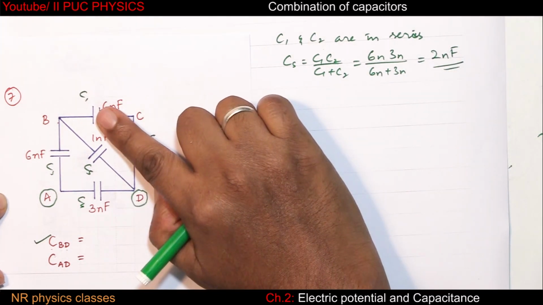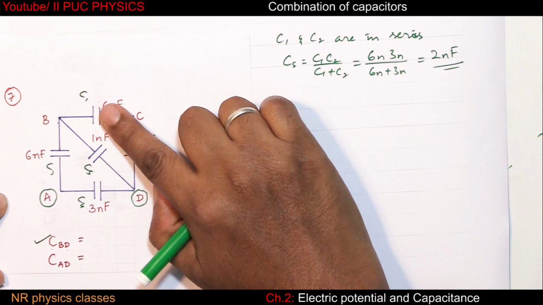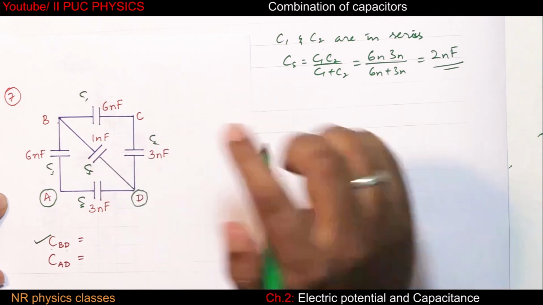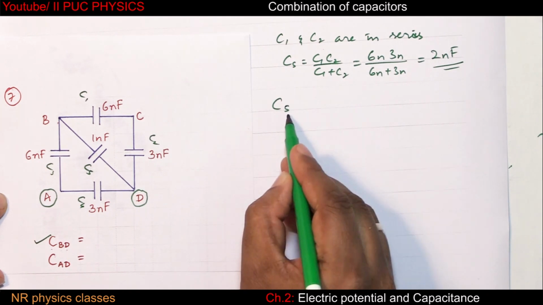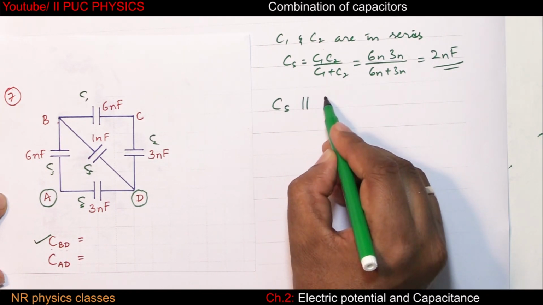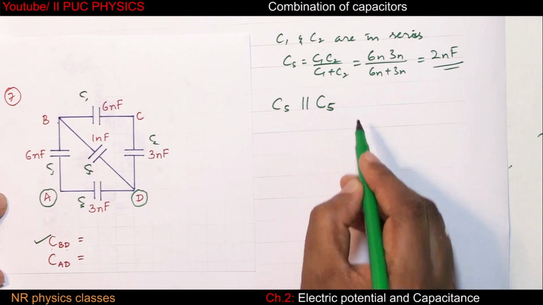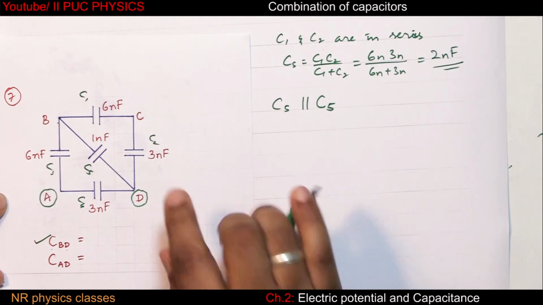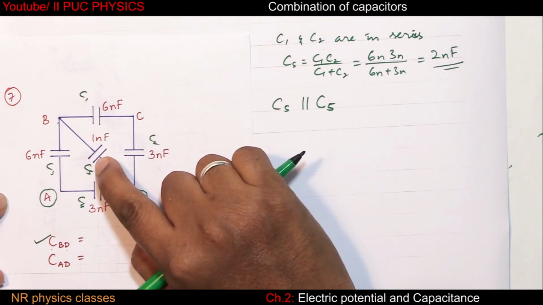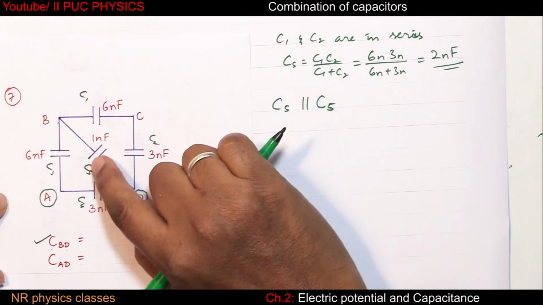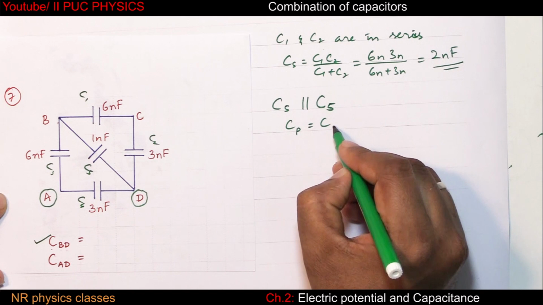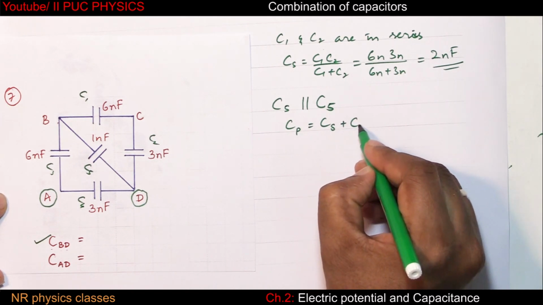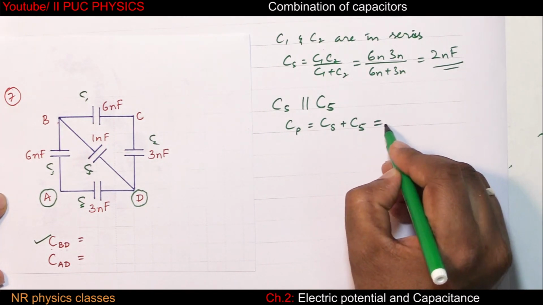Now these two in series are in parallel with C5. Therefore, this CS is in parallel with C5. This is 2, this is 1. Therefore, CP equals CS plus C5.